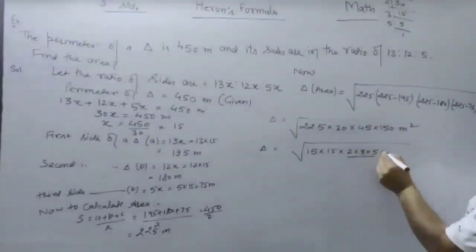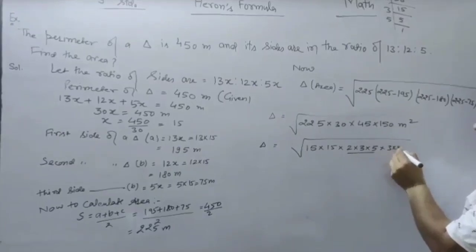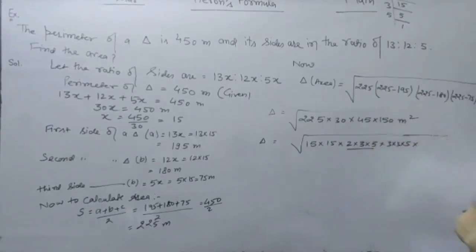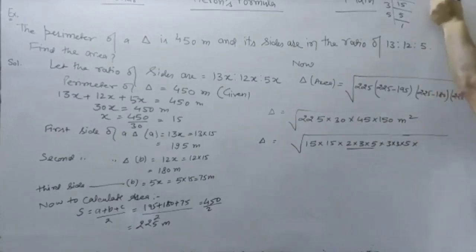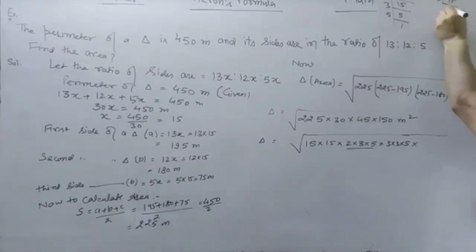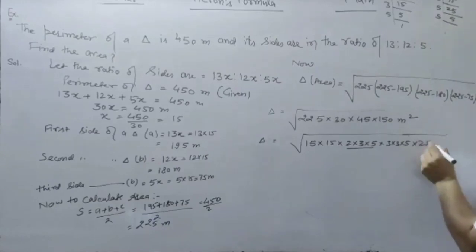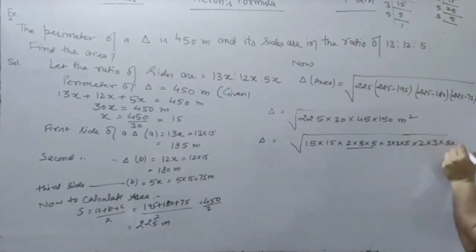Now 45: 3 3s are 9 and 9 5s are 45. Again 150: if you want to get the factors of 150, 75, so that will be 2 into 3 into 5 into 5 meter square.